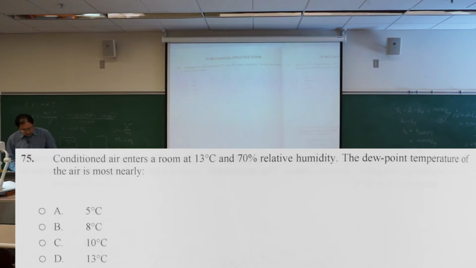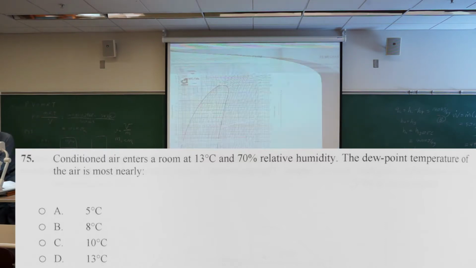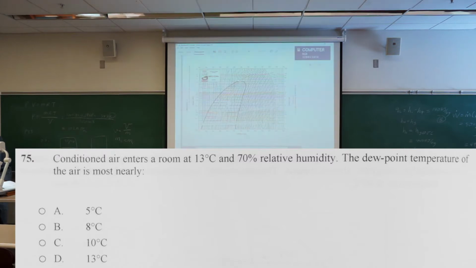75. This one is for the psychrometric chart. And we really didn't cover it in thermodynamics, but we covered it from the energy conservation system. So you need to understand, you can go to the handbook.